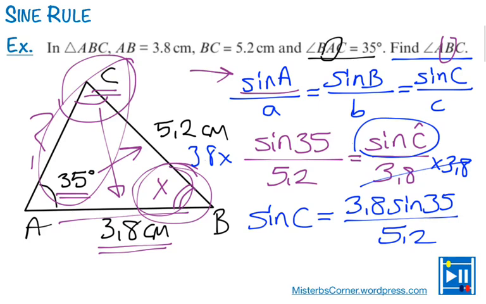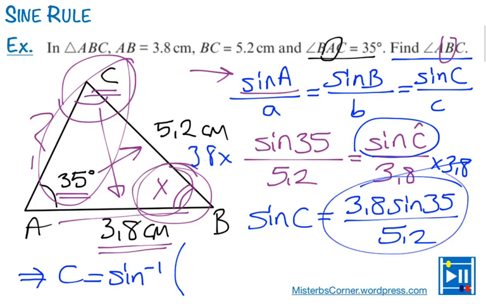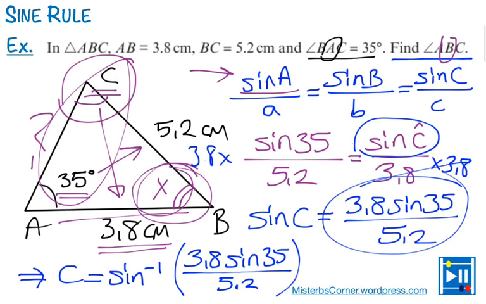I have to do one more step before I reach my calculator. I'm going to write down C equals sine inverse of 3.8 sine 35 degrees over 5.2. This inverse function will give me the angle measure.